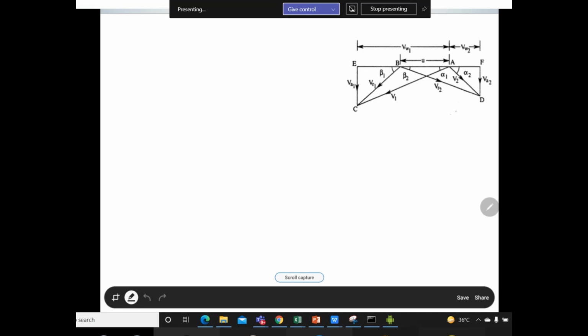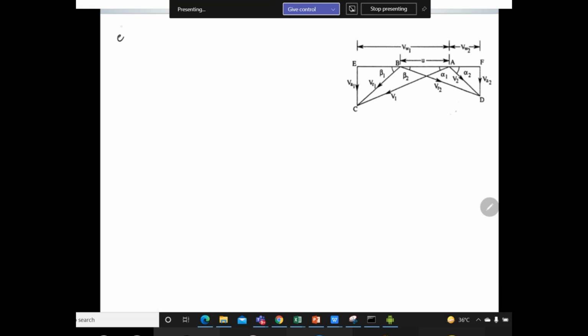Okay, so the next relation is the blade efficiency.